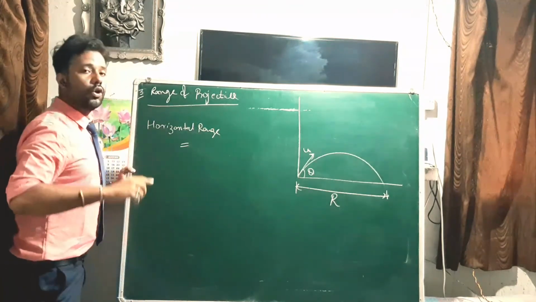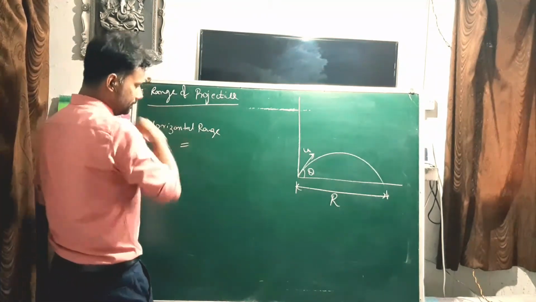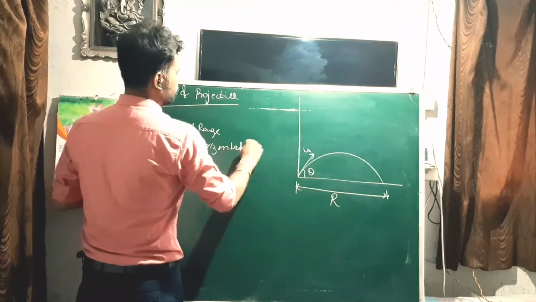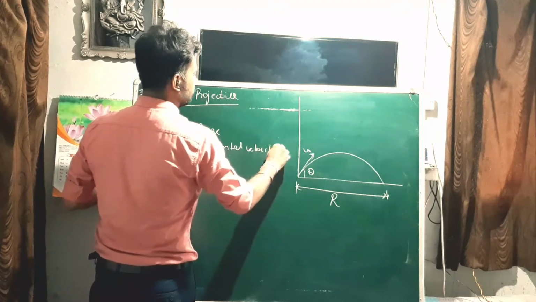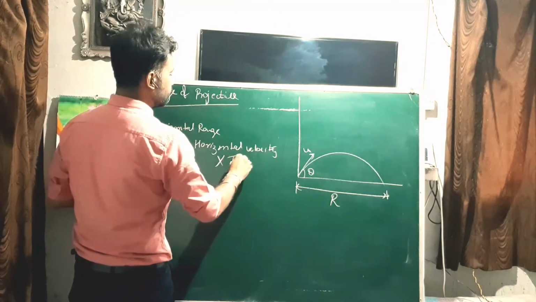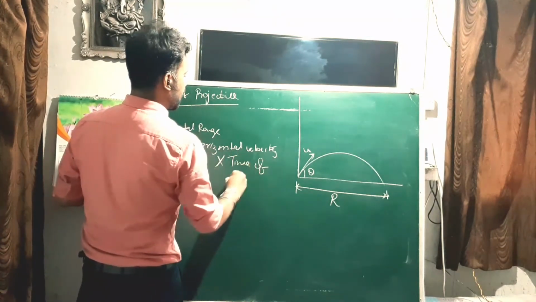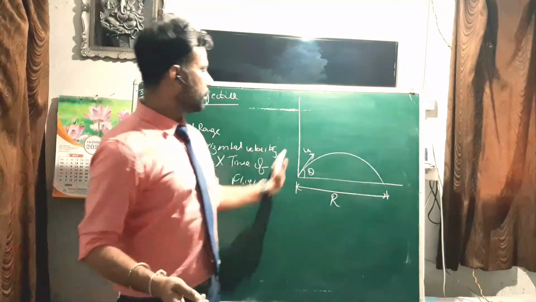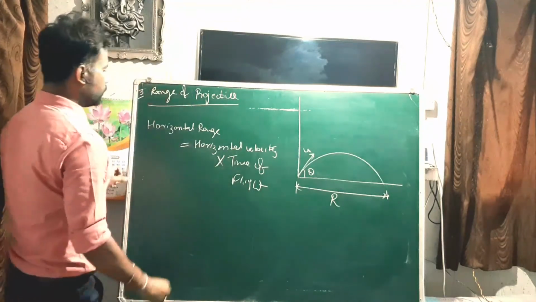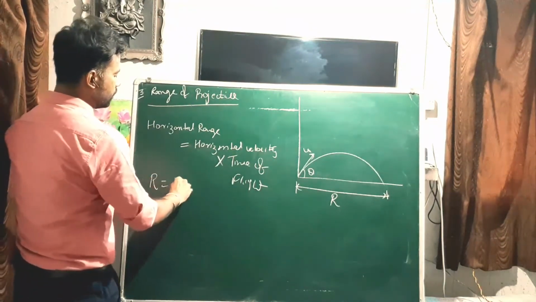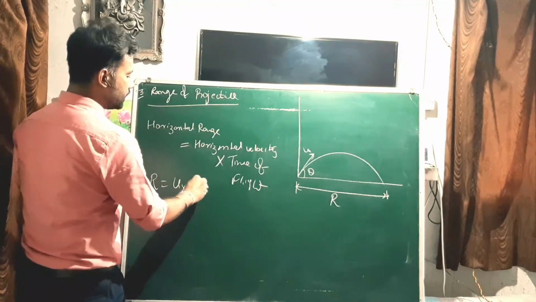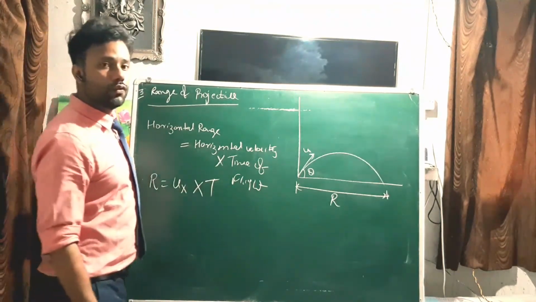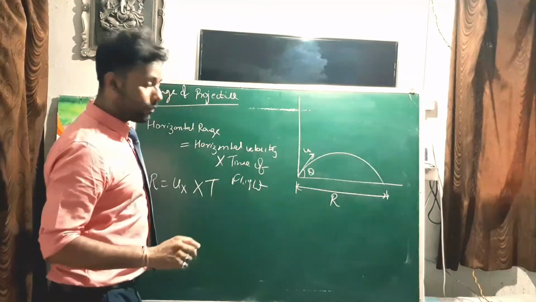So the horizontal range will be equal to horizontal velocity multiplied by time of flight. Obviously the total time of flight will be this. So r will be equal to ux into the time of flight T, that is 2uy upon g.